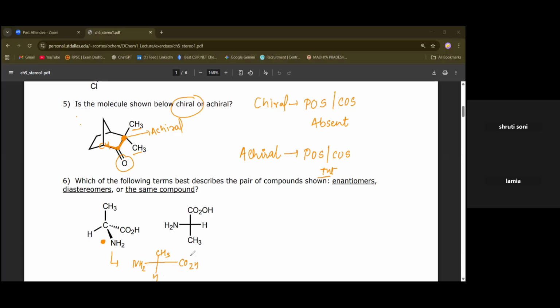Can we identify enantiomers and diastereomers in this case? How can we identify? Can we generate any mirror image from this?